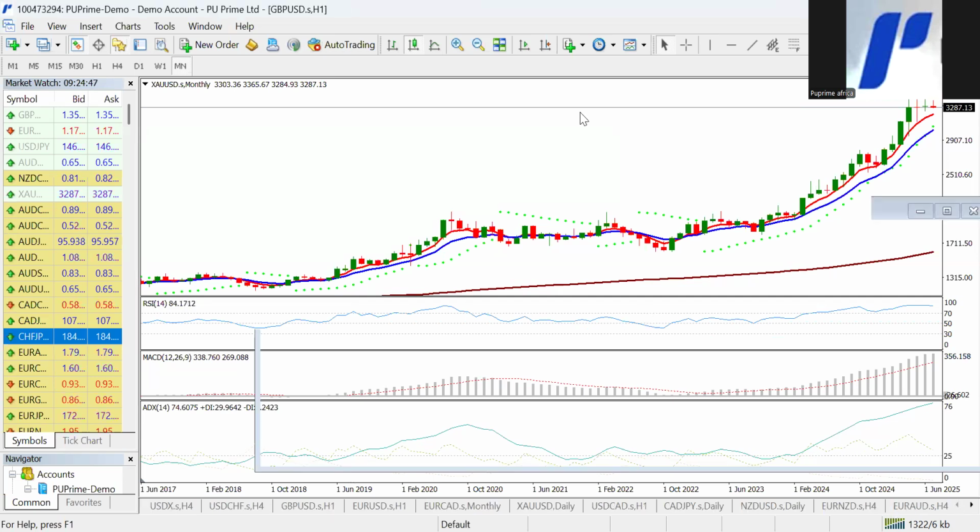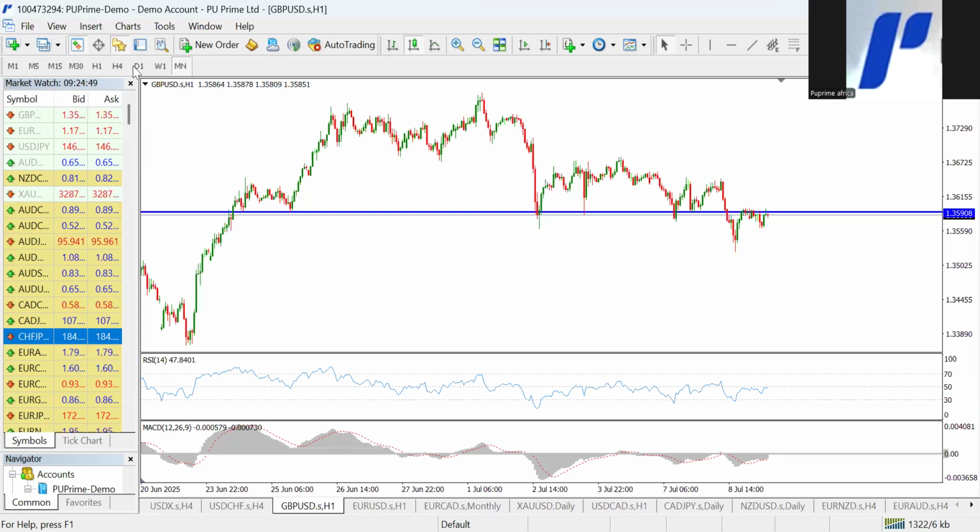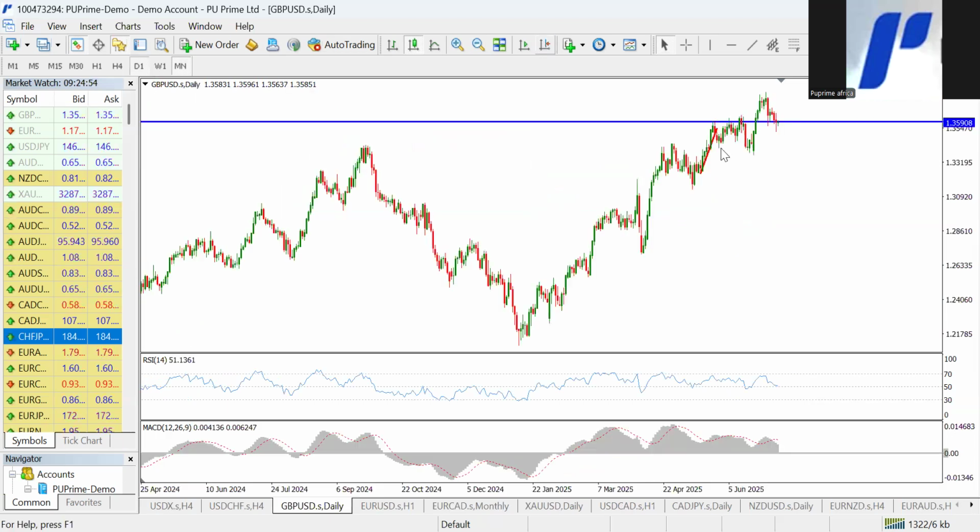Now on the daily time frame, GBP USD seems to be trending up. We have an uptrend on GBP USD on the daily time frame. Price is trending up, and the candle that closed yesterday closed as a rejection candle.